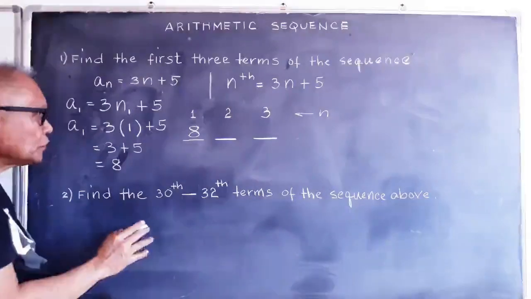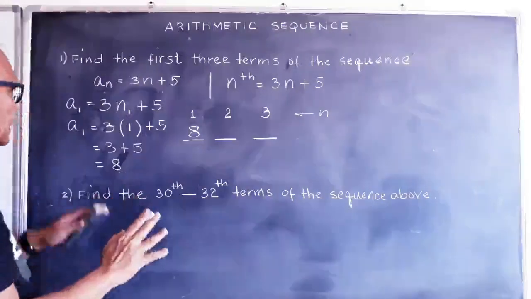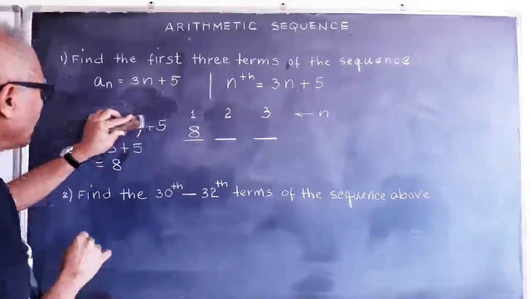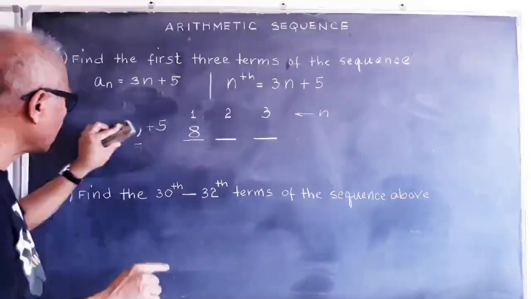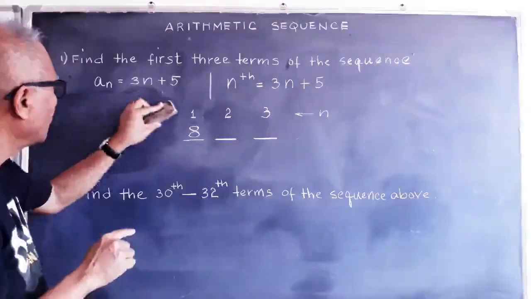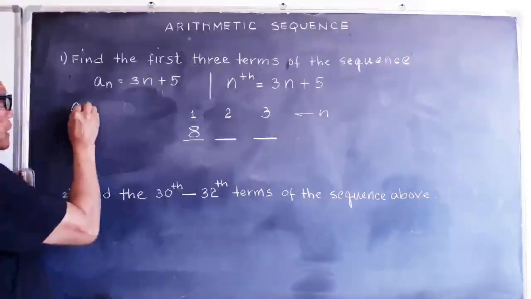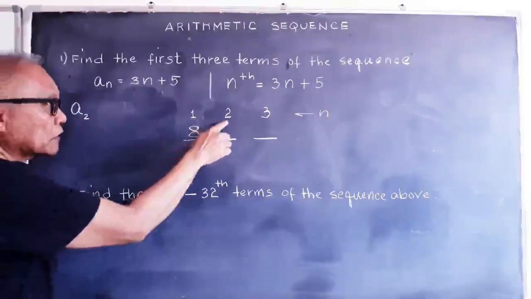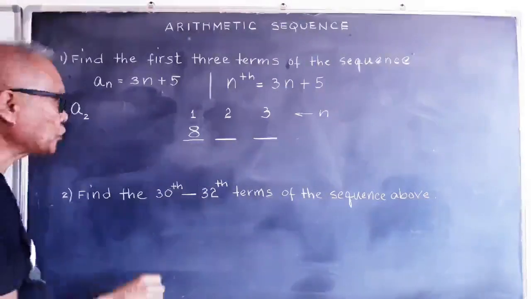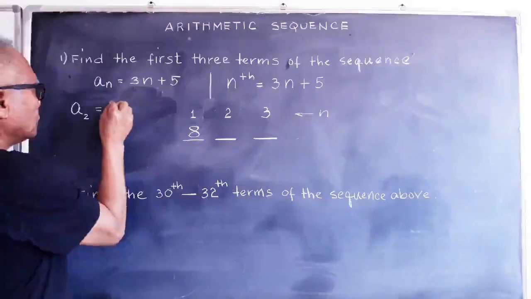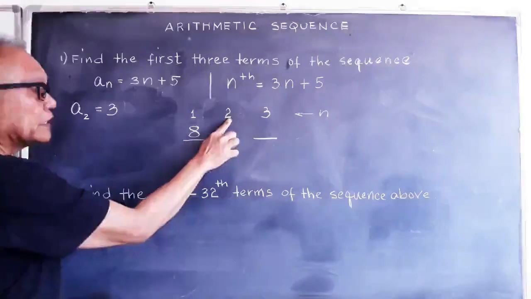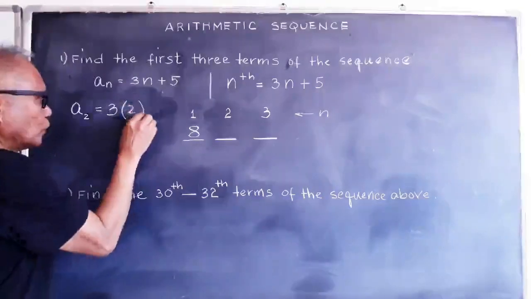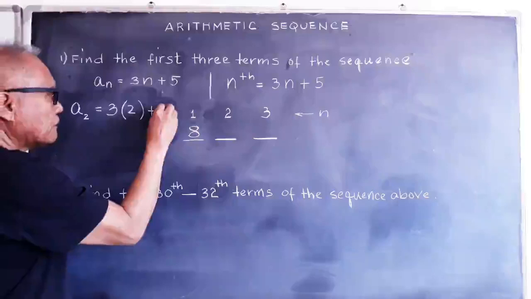But I'm going to show you how we compute that. Okay, so I'm going to erase this again, class. We are going to compute for the second term. For the second term, we write a sub 2, because we are computing the second term, is equal to 3 and our n is 2, so times 2, plus 5.